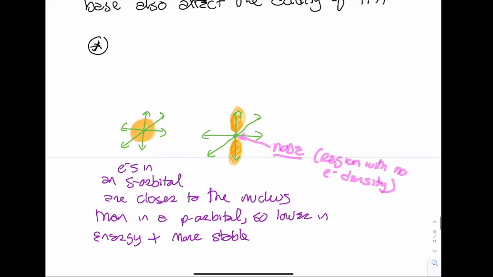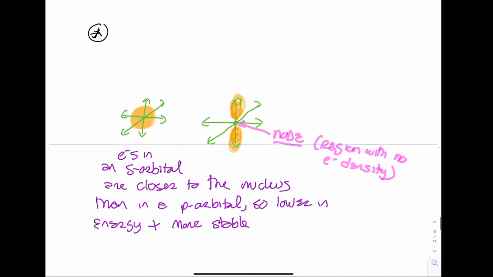Right? Remember, the closer electrons are to the nucleus, the more stable they are, right? They're attracted to the nucleus, they want to be near the nucleus, and if they're far away, that's not so cool, right? They like to be close. So the closer they are, the more stable it is. P orbitals, because of that node, the electrons are not centered around the nucleus like they are in an s orbital, making them less stable.